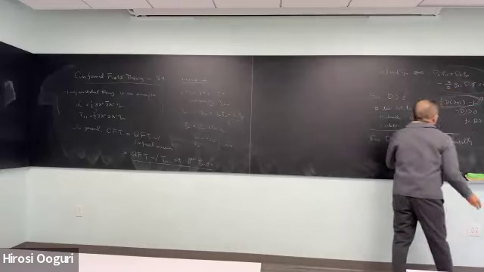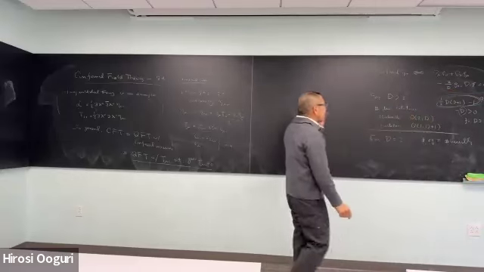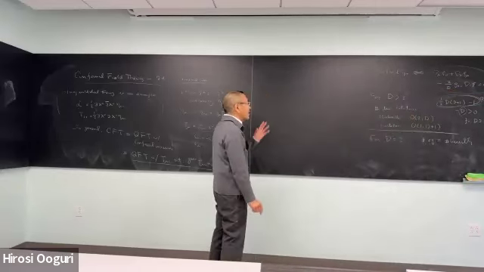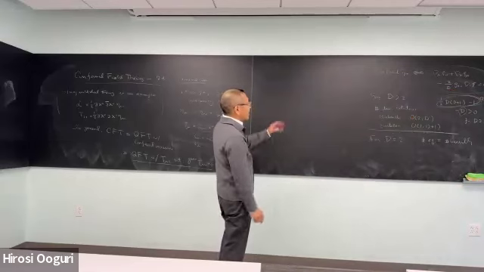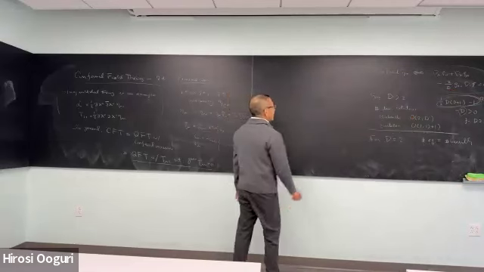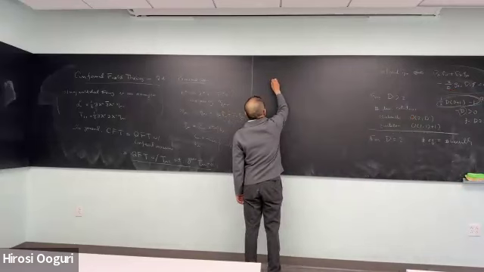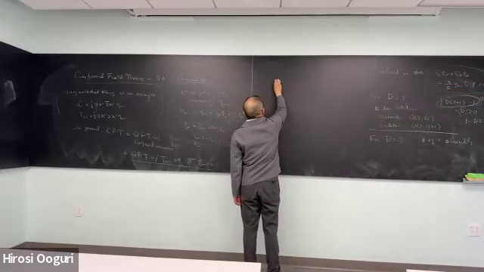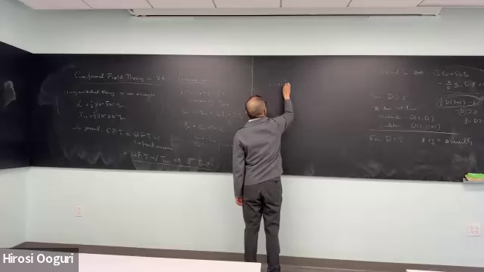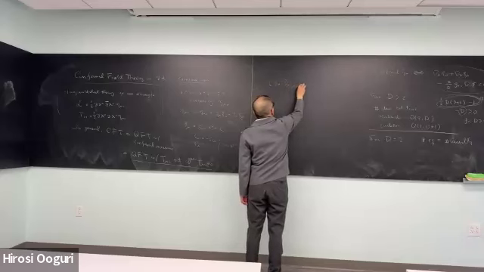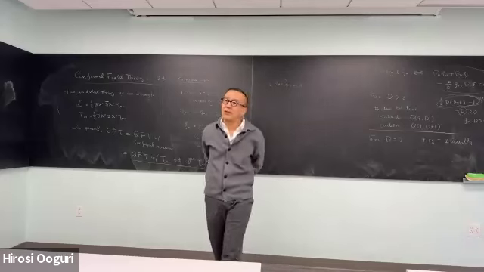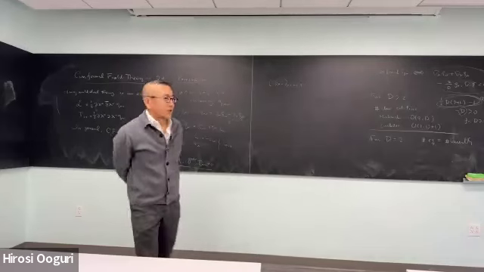I need to clarify it, but let me first state it. Suppose I choose a metric. In 2 dimensions, you have a 2 by 2 metric. But for simplicity, let's consider the Euclidean case. We can do the same thing for Lorentzian signature.